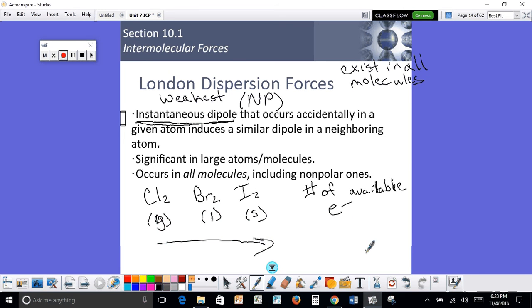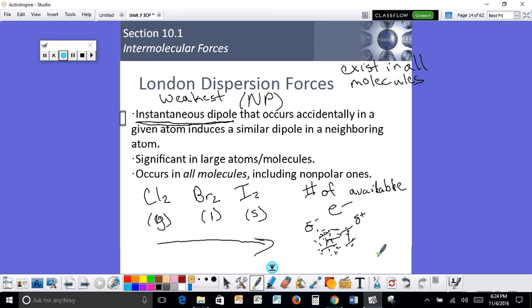We have iodine bonded with iodine here, with all of these electrons floating around, and there's a chance of creating a partial negative side and a partial positive side as a temporary dipole, because the electrons concentrate more on one end for a very brief time.